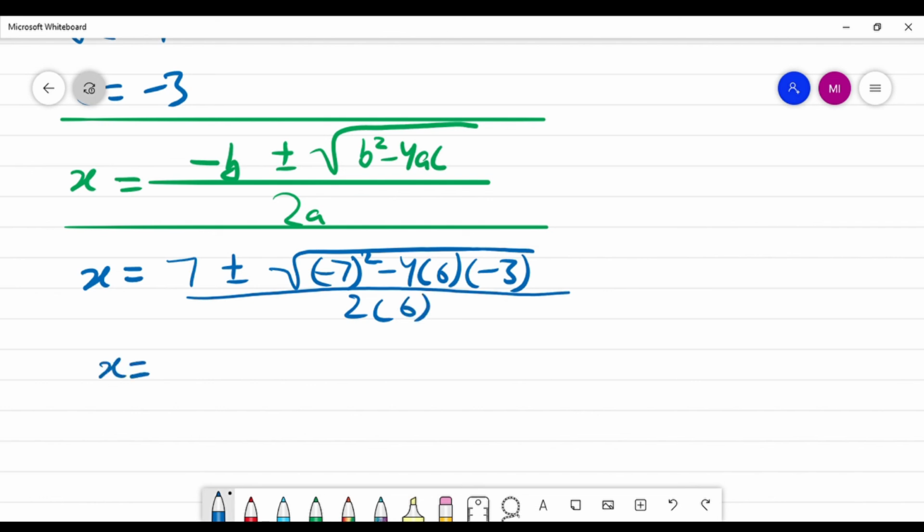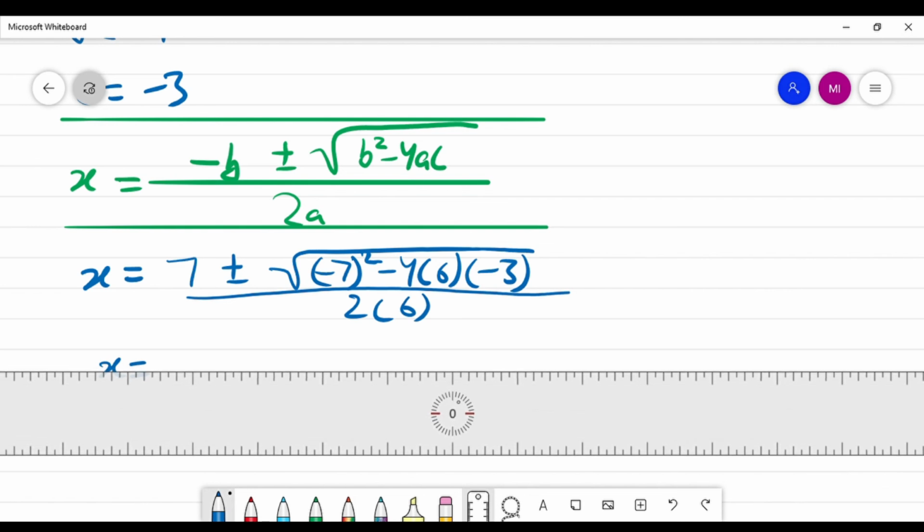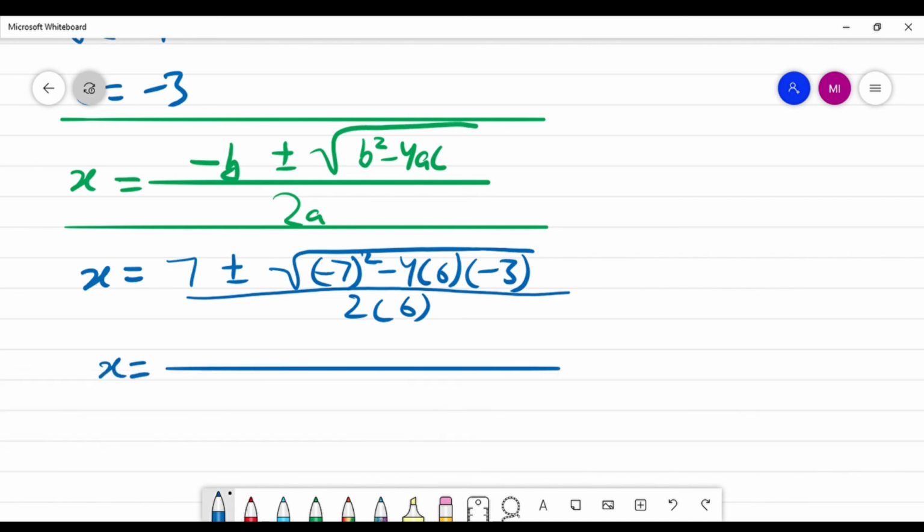So x is equal to 7 plus minus under root of 49 plus 72, divided by 12.